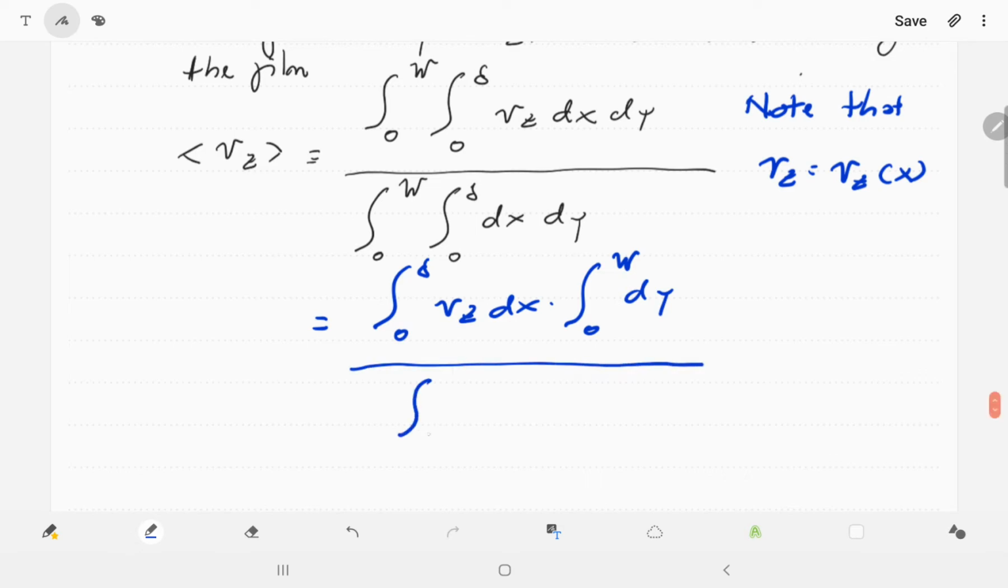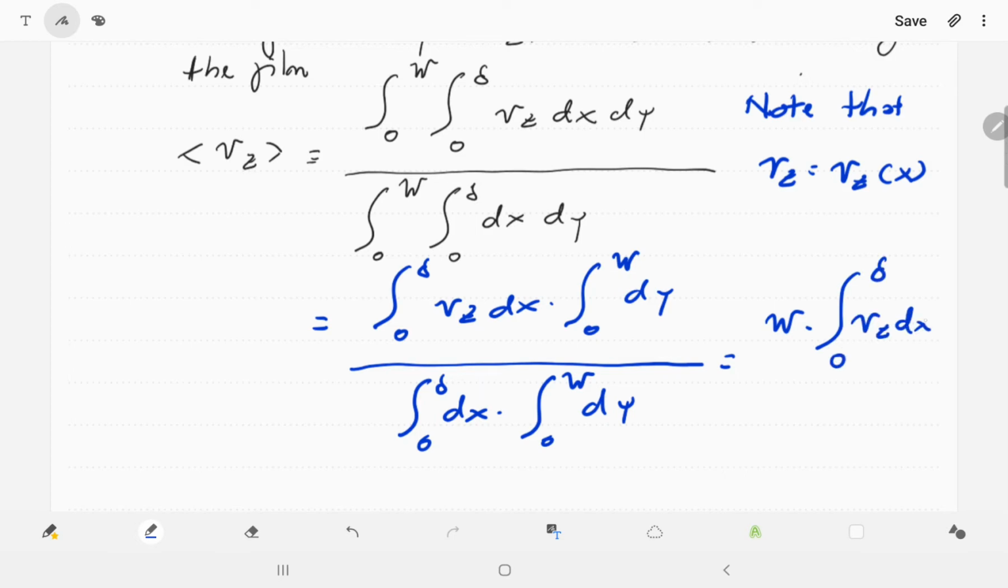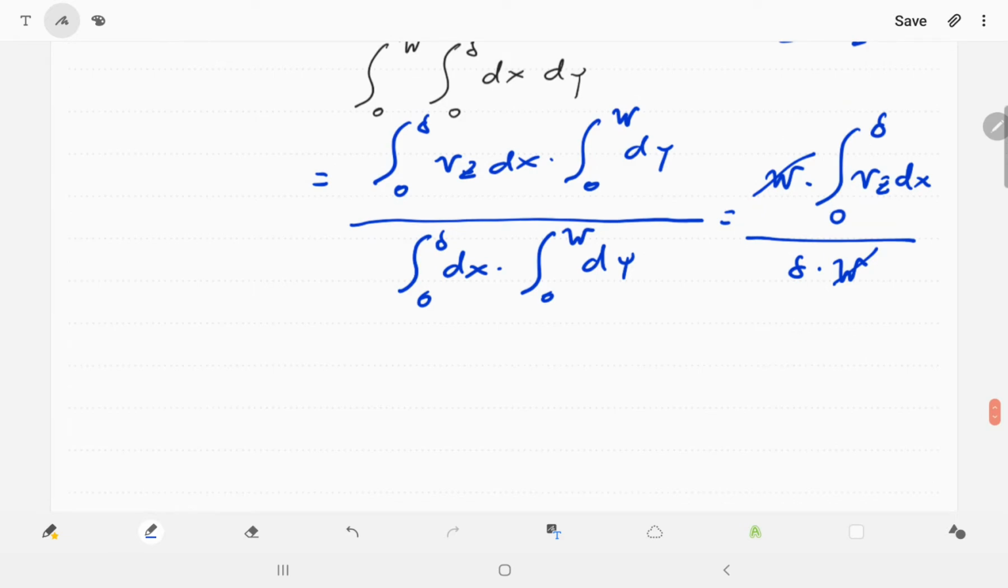Okay, and then this is integral from 0 to the film thickness dx, integral 0 to w dy, and then we can take this integral 0 to the film thickness Vz dx divided by this multiplied by this, and then this can be cancelled with each other.